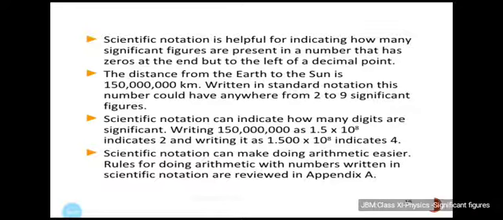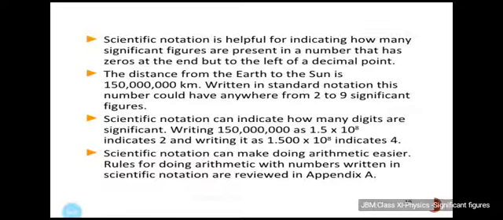So scientific notation is helpful for indicating how many significant figures are present in a number that has zeros at the end but to the left of a decimal point. For example, the distance between the Earth and the Sun is 150,000,000 kilometer. Written in standard notation, this number could have anywhere between 2 to 9 significant figures.